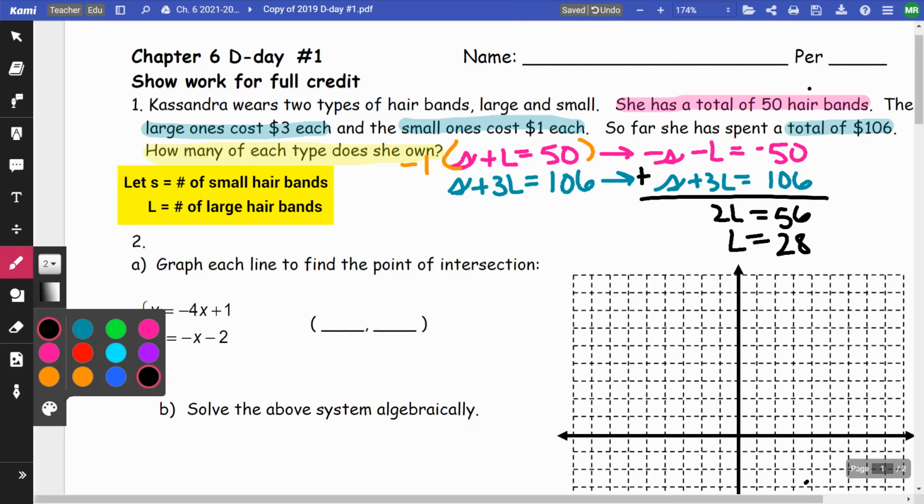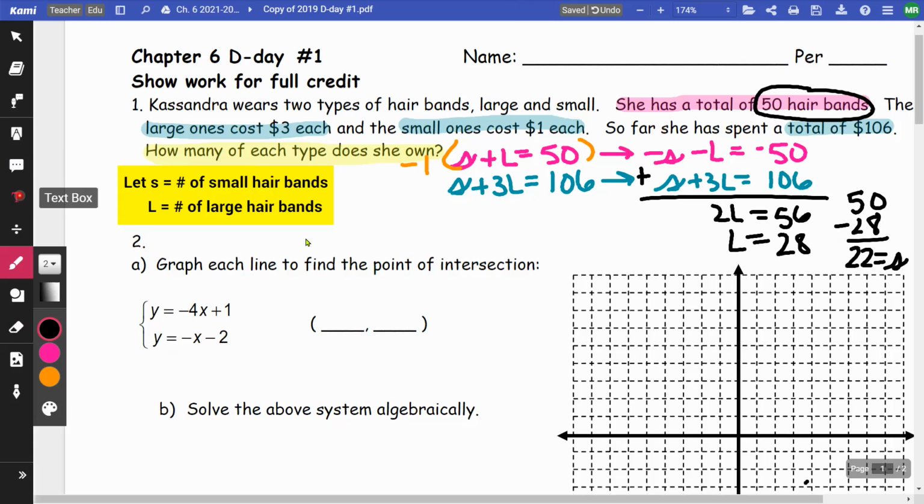Now, there were 50 total headbands, okay? So basically, if I was to take 50 minus 28, I end up getting 22. That's going to equal my small hairbands.